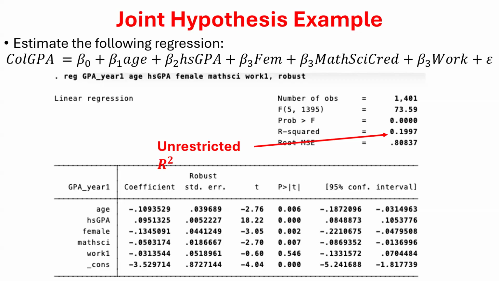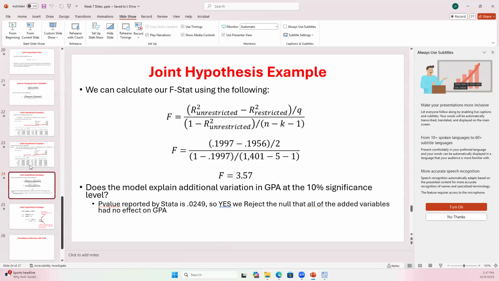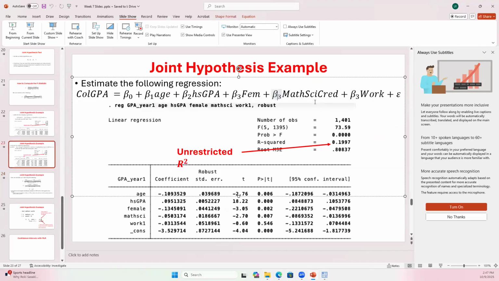The only other thing in that equation that we didn't have was K, which was the number of total variables in my unrestricted model. So how many variables do I have in my unrestricted model here? I count them, 1, 2, 3, 4, 5. In fact, I've got a typo here that I copy and pasted. You can also always look at how many coefficient estimates you have.